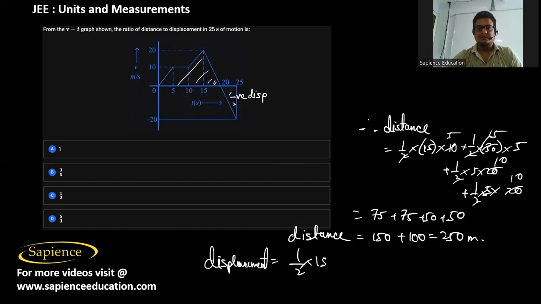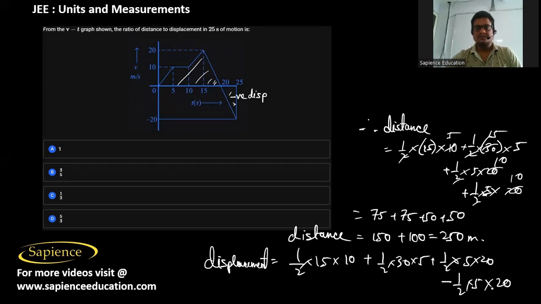So it means it will be half into 15 into 10 plus half into 30 into 5 plus half into base into height. Then this will be minus half into base into height. Since, as you can see, here velocity is negative. This is negative displacement.